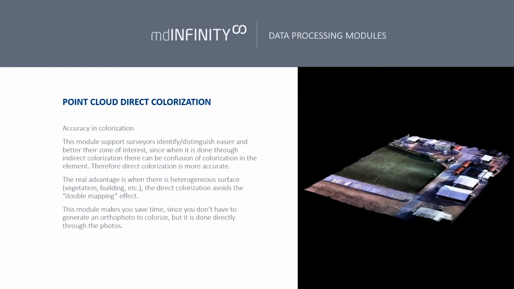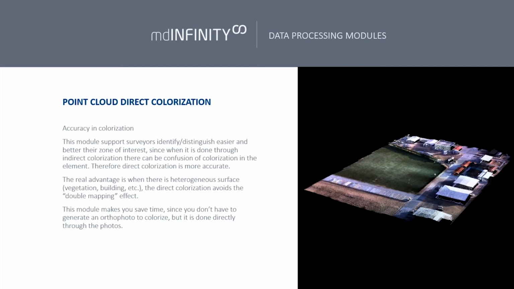Bottom line, this module helps surveyors identify and distinguish their zones of interest easier and better, right? Since it is done through indirect colorization, there can be confusion of colorization in the elements. Therefore, this module shows us a more accurate color of our data.